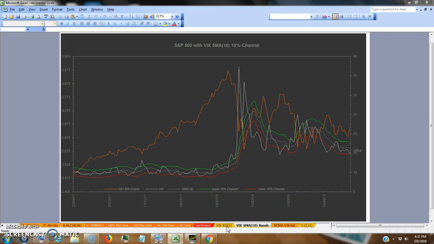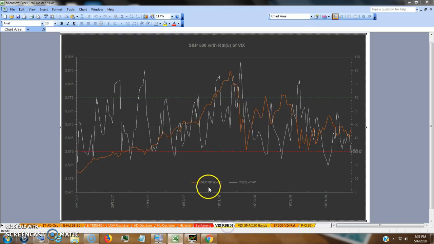So this is ready to give sell signals, a sell signal if it should turn up. This is another one, an RSI on the VIX, and it's below its bottom threshold. If this goes lower and turns up, that would also give a sell signal on the VIX.